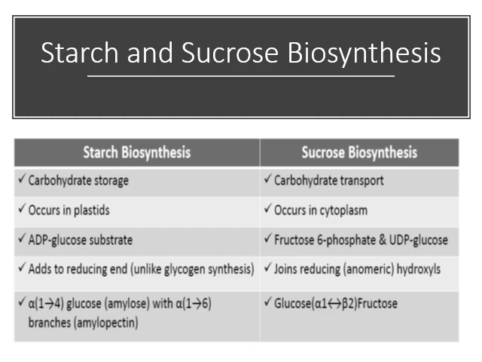In starch, the addition of monomers happens at the reducing end, whereas in sucrose also, addition happens by formation of a glycosidic bond. If you see the nature of the glycosidic bonds, in starch they are alpha 1,4 and alpha 1,6 glycosidic bonds.